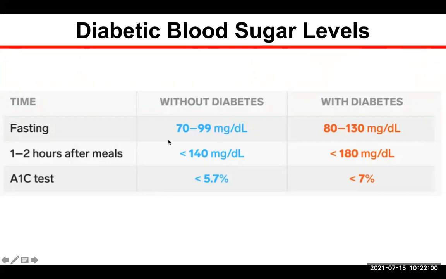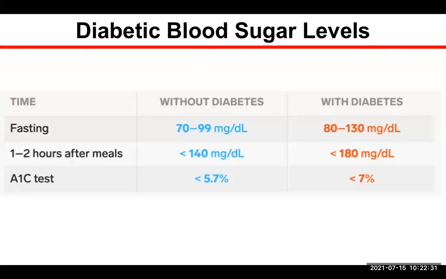When I talked about how your blood sugar level should be within this range, well, at fasting, diabetic patients usually run high. It usually runs between 80 and 130, because again, they're insulin insensitive, so their insulin receptors aren't being stimulated, so a lot of the sugar stays within their blood.